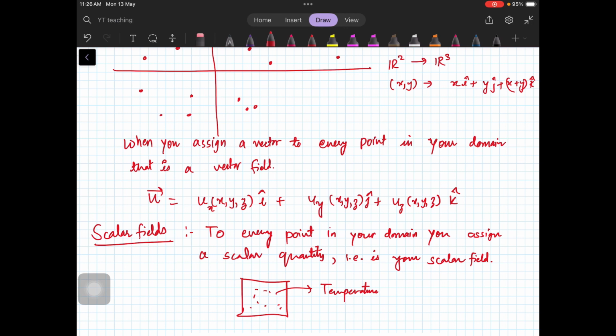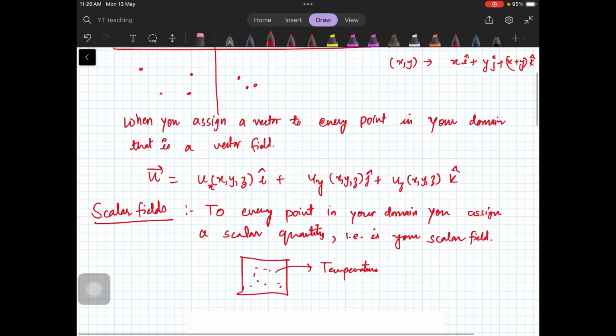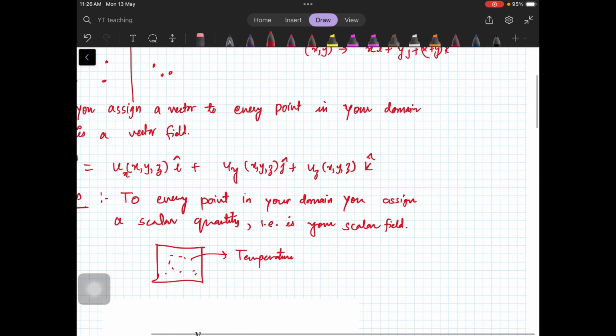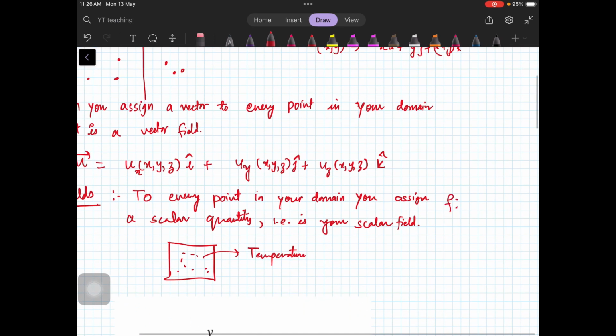We are already familiar with scalar fields. Vector fields are new to us. We already know what to do with a scalar field. For example, if you have f from R2 to R, that is a scalar field, something like xy. Because this is a scalar quantity, you will always go from your domain to R, because a scalar quantity means a real number.